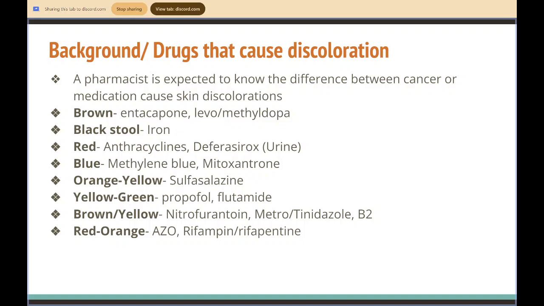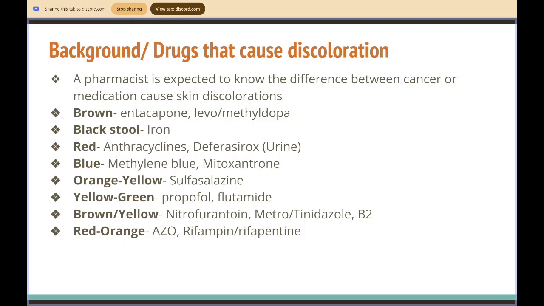But if a patient comes to you and says, for example, that I'm sweating brown and it's staining my clothes, by checking their medication history, you should be able to mention that, hey, if you're taking entacapone or levodopa or methyldopa, this is an adverse effect and or a side effect, and do not be alarmed or wear clothes that you don't mind if they get stained.